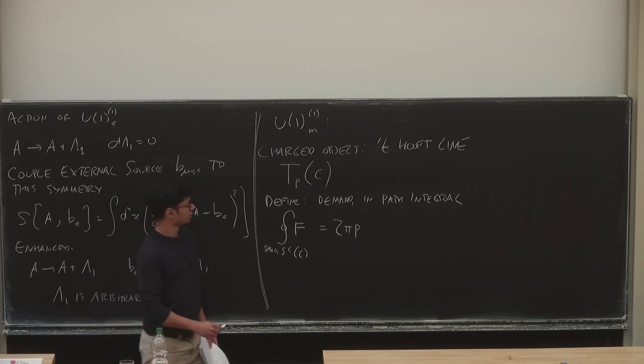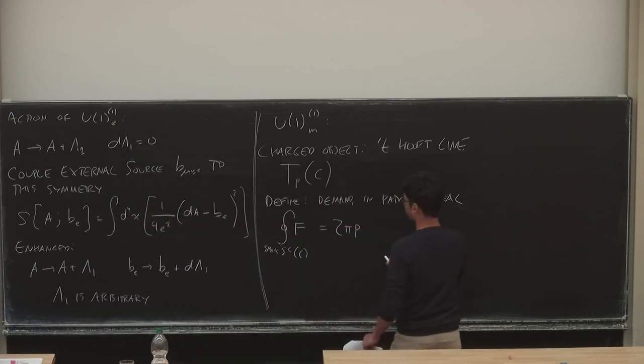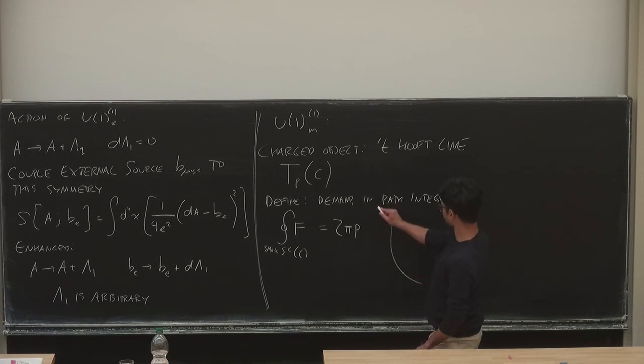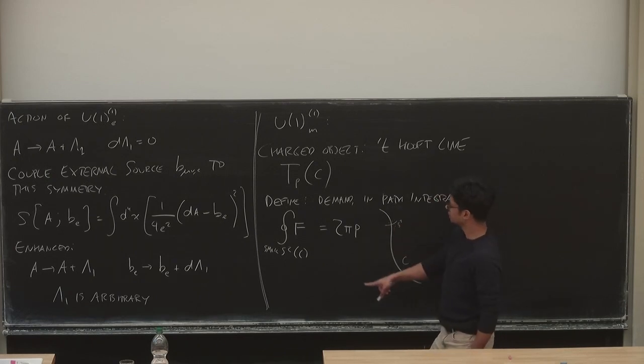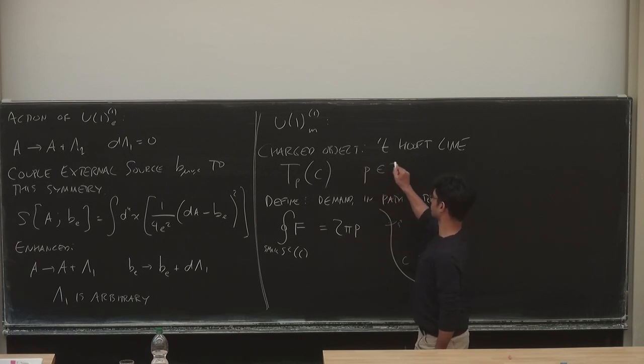Okay? So if you want to look at what a 't Hooft line does, you take your path integral, there's a curve C in this path integral, and you demand when you do your path integral that for every small S2 which wraps this one-dimensional curve, the integral of F through this small S2 is 2 pi times p, where p is an integer. It must be an integer, okay?